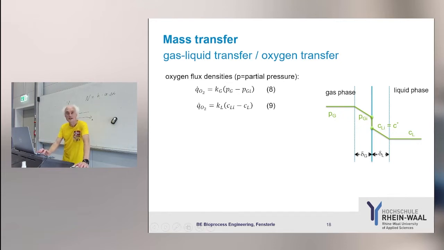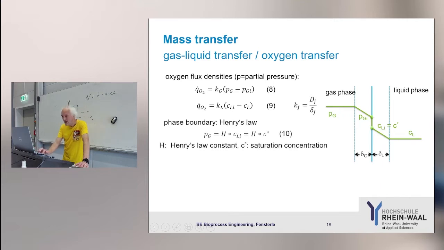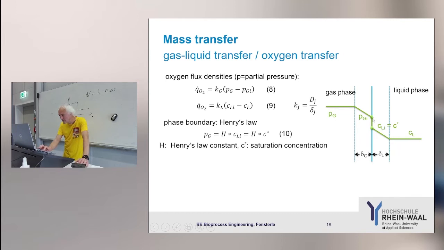We all agree that in the liquid phase, if your pressure is extremely high, then things also get different. But at normal conditions, this is not the case. And now, at the phase boundary, coming back to your point, Henry's law applies. So also here at the phase boundary, we're at the saturation concentration.